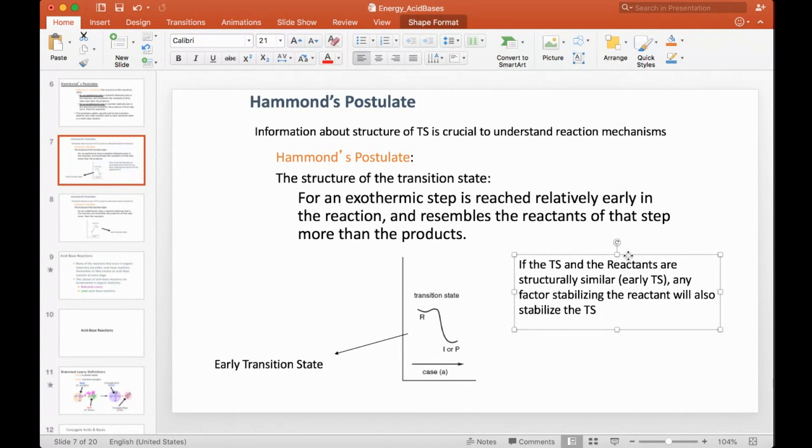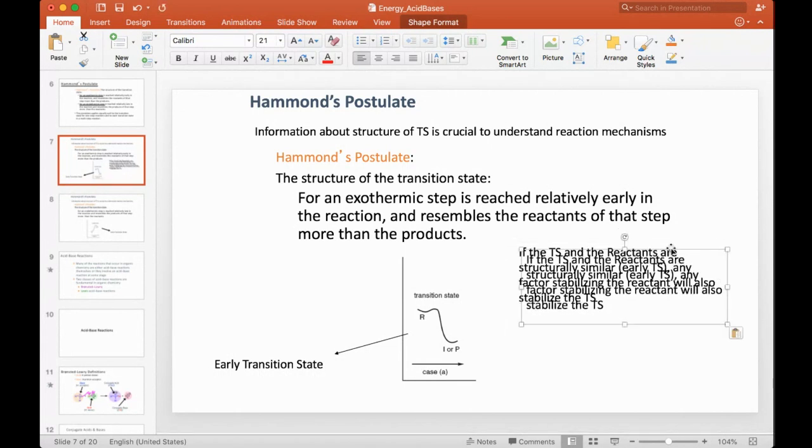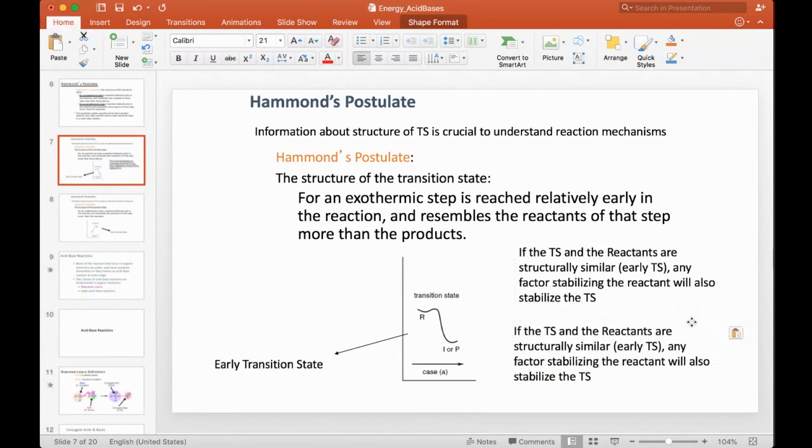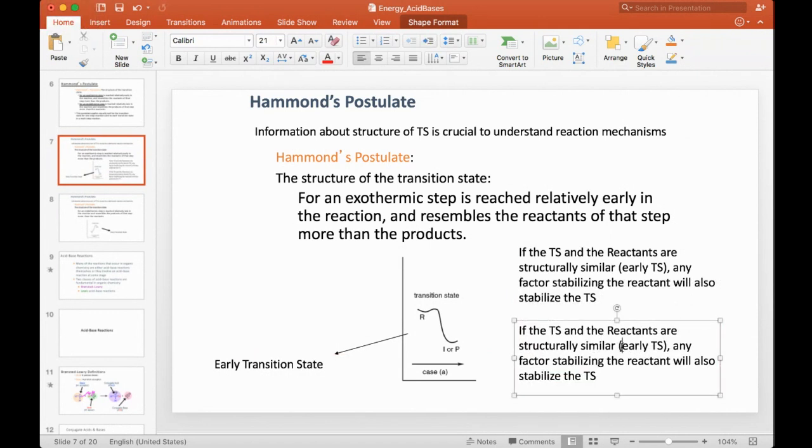On the opposite, if the transition state and the reactants are structurally similar, so if we have an early transition state, any factor stabilizing the product will not have a major impact on the stability of the transition state.